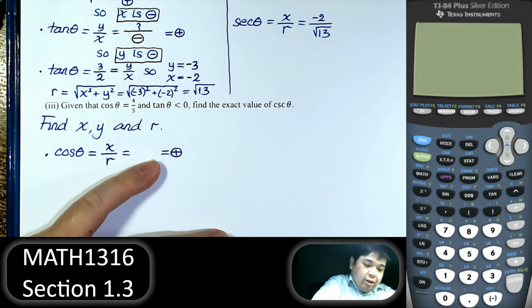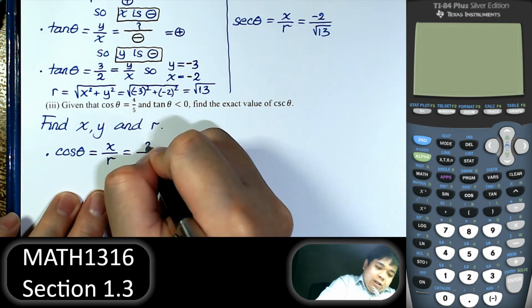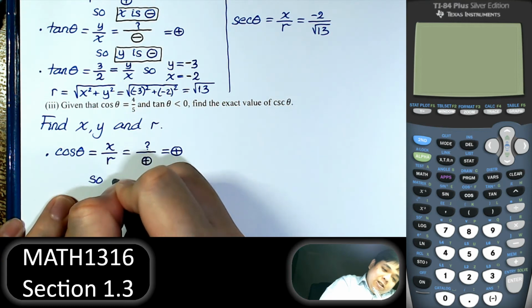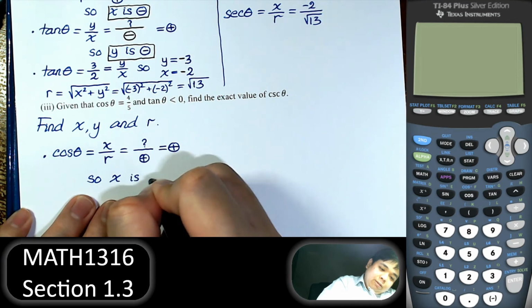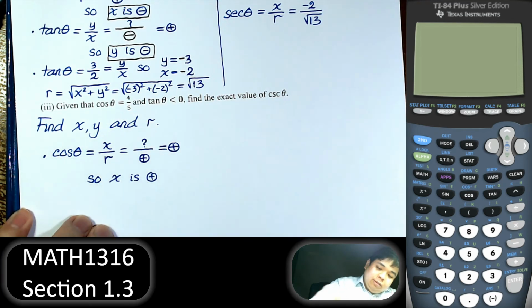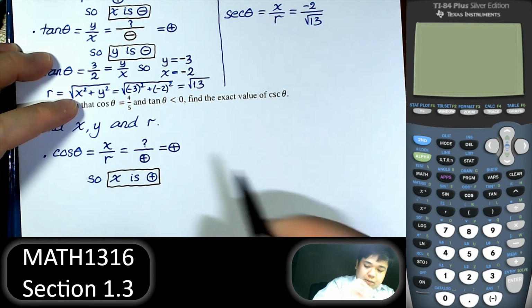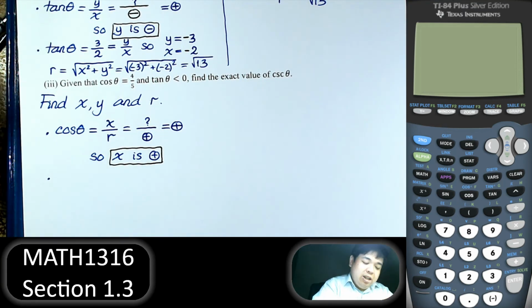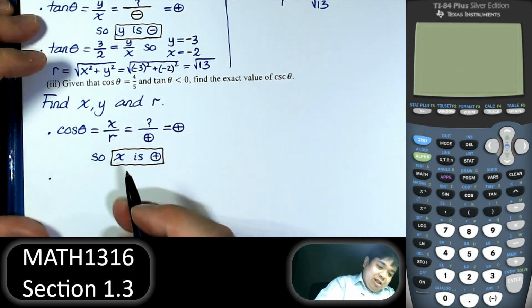Cosine is positive, and r is always positive, so x must be positive as well. Yeah, when you get used to this, we can do all of this in our head.